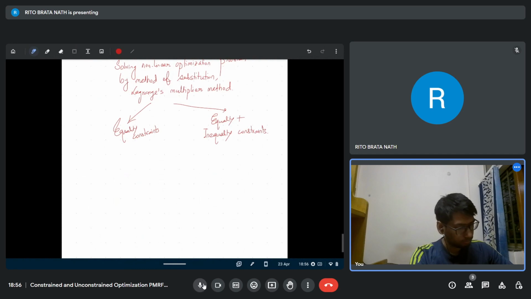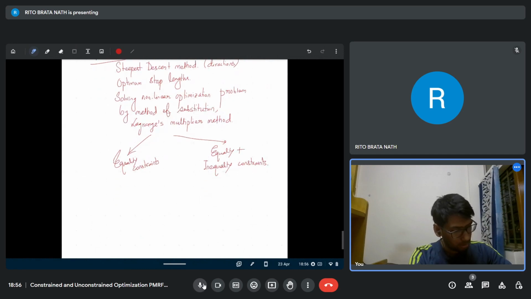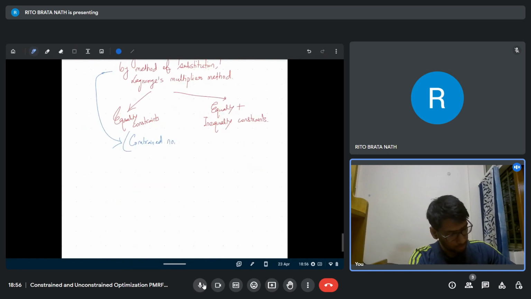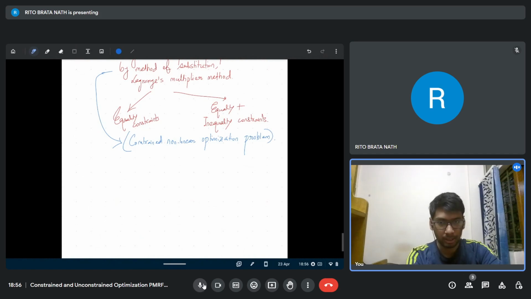Okay, so in this, the method of substitution is like, so this is now for constrained nonlinear optimization. Okay, so that was all about week 9.